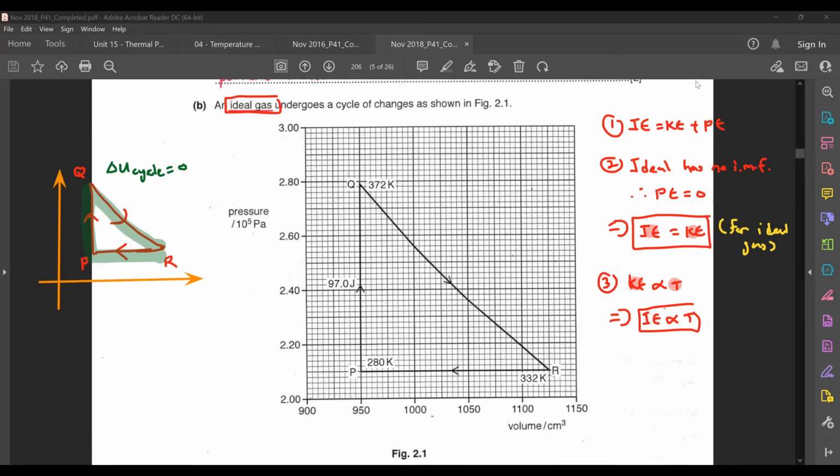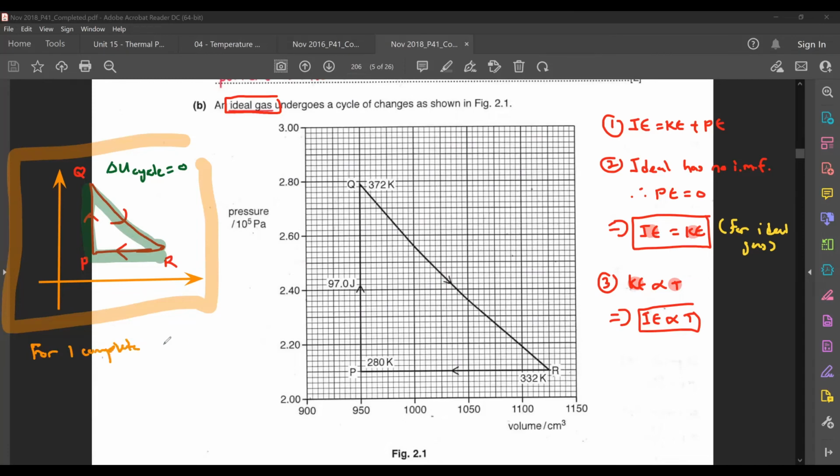Now you look back at the cycle here. Is it correct to say that for one complete cycle, the temperature is unchanged? We know that it's 280 Kelvin here. That's correct. And after that, we have 372 Kelvin here.